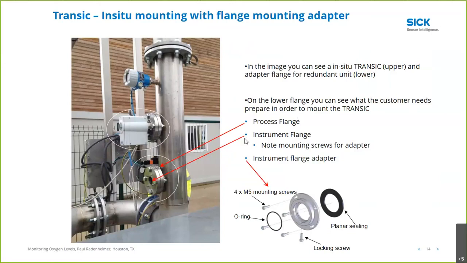There is an instrument flange which is mated to that, and it has some mounting screws and a through hole to allow the probe to be installed directly into the process line. That's accomplished by putting in an instrument flange adapter that has appropriate seals to seal the sample in and the atmosphere out.